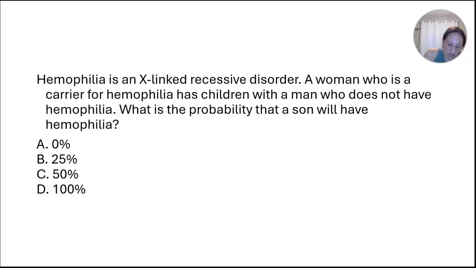And so X big H, X big H, X big H, X little h. So for female children, half of them will be homozygous dominant and half of them will be carriers. For the male children, half of them will be normal and half of them will have hemophilia. So the probability of having a son that will have hemophilia.